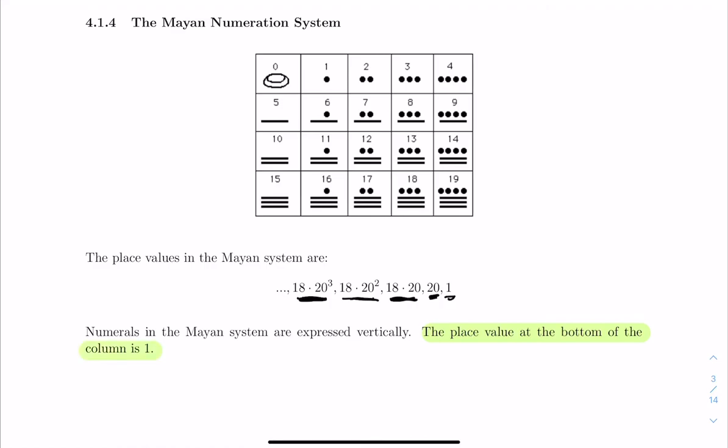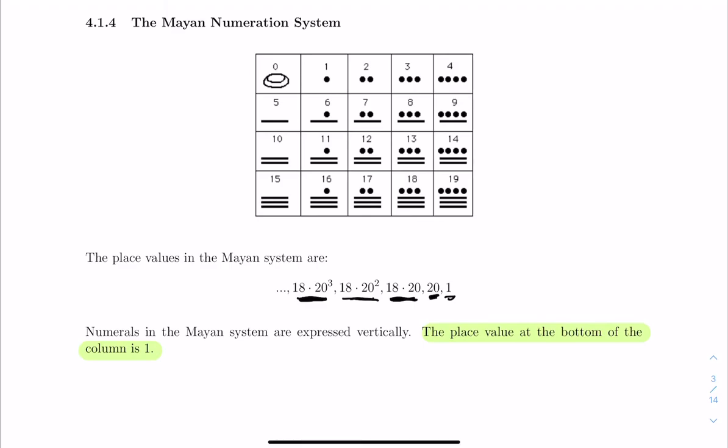Now let's just take a look at the symbols. We have 0 through 4, and we've got 1, 2, 3, and 4 just being the number of dots. Then we go to 5, and 5 becomes a line. To write 6, we have a line and then a dot on top. 7 is the same line with 2 dots.